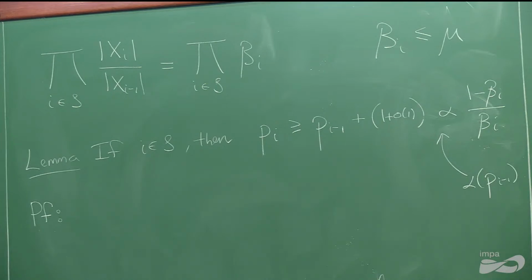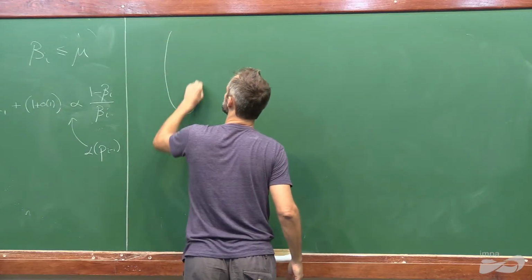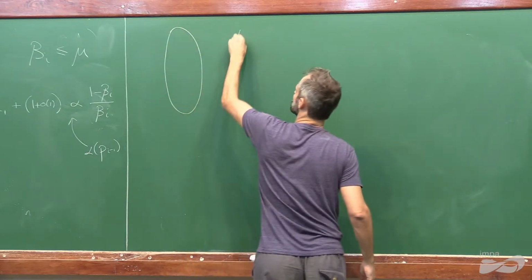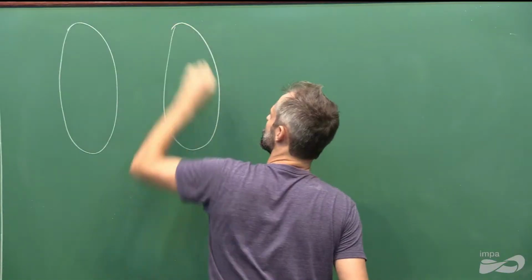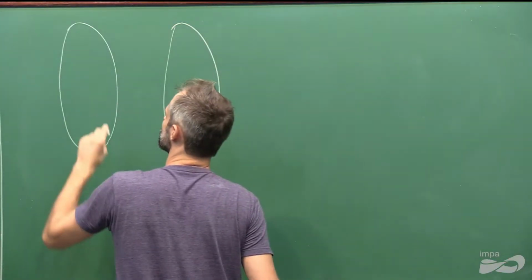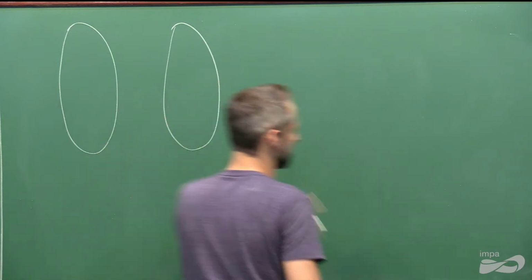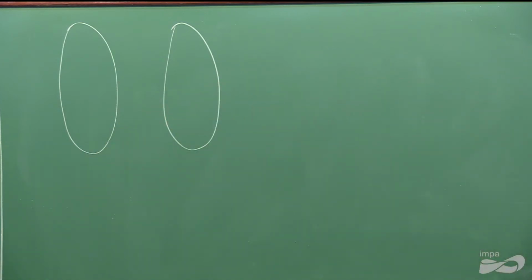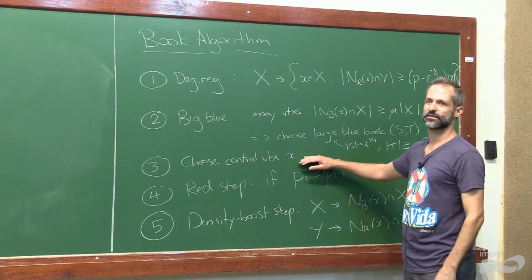Right, so the first thing: in the algorithm, how are we going to choose our central vertex?